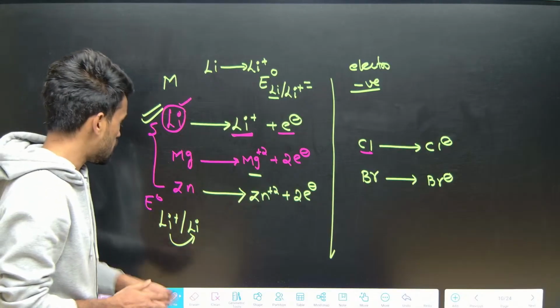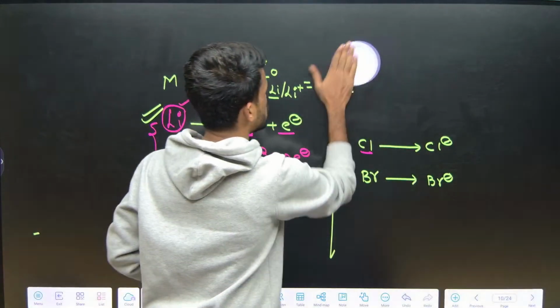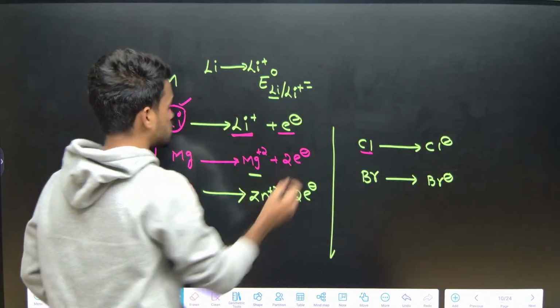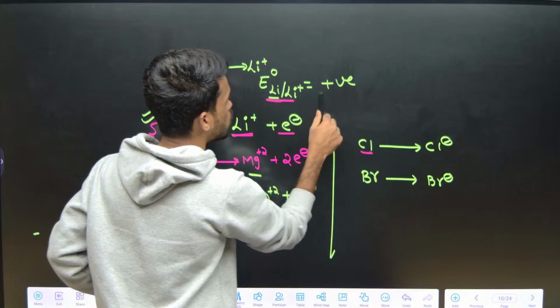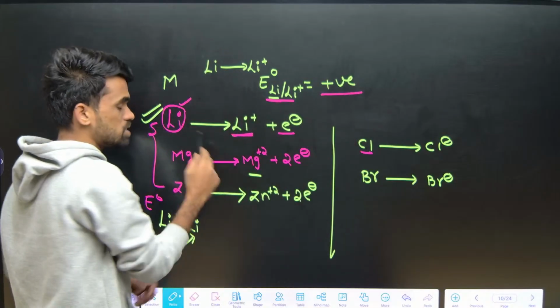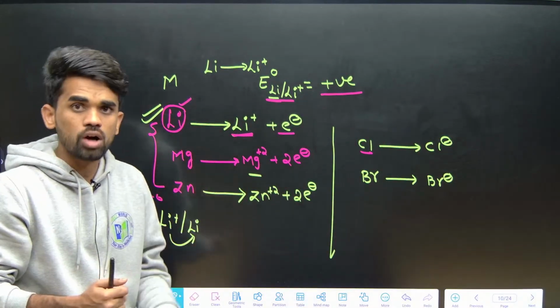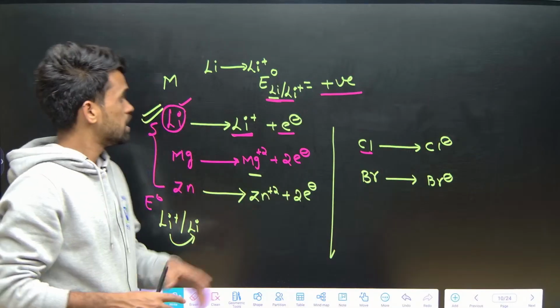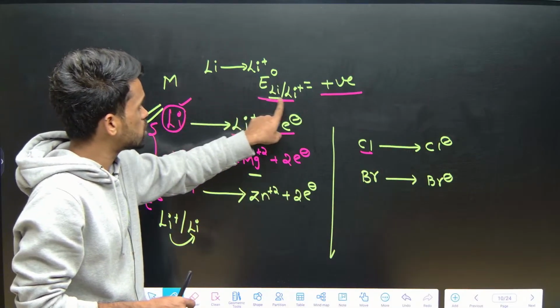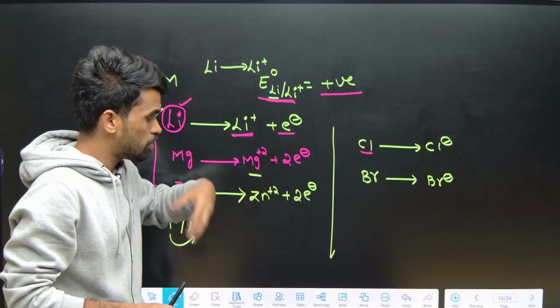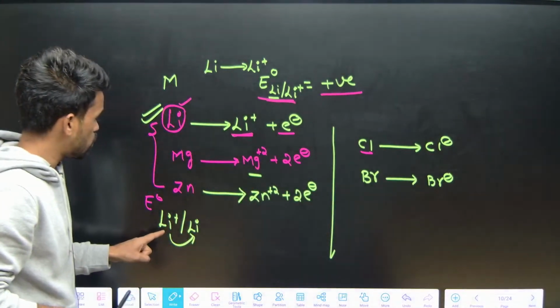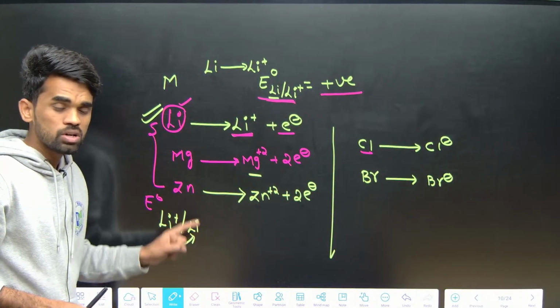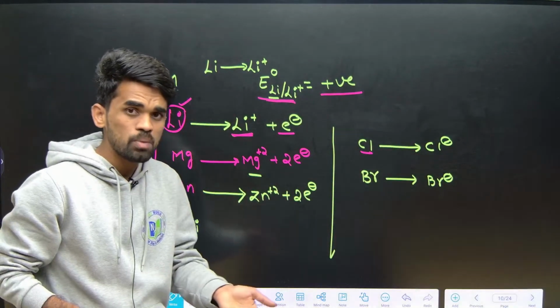The more positive the electrode potential value, the more tendency that species has to undergo oxidation. Once again, if an element has a higher oxidation potential value, it has more tendency to undergo oxidation. If it has a higher reduction potential value, that species has more tendency to undergo reduction.